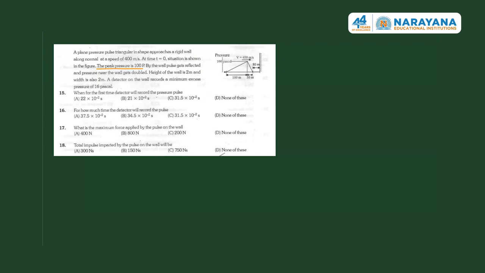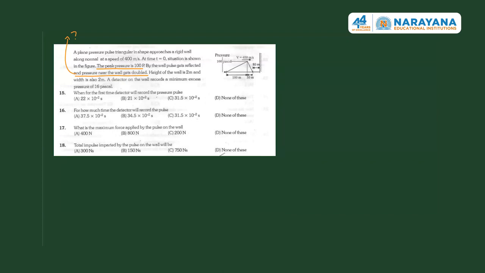The point is, this pulse hits the wall, it gets reflected. And while it is getting reflected, he's saying the pressure near the wall gets doubled. I'll explain this point also, why he's saying this. I'll come to this point on whether it was required or not. He's also saying the height of the wall is 2 meters, and the width is also 2.